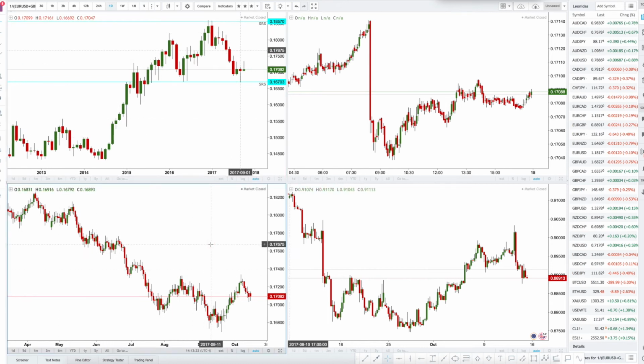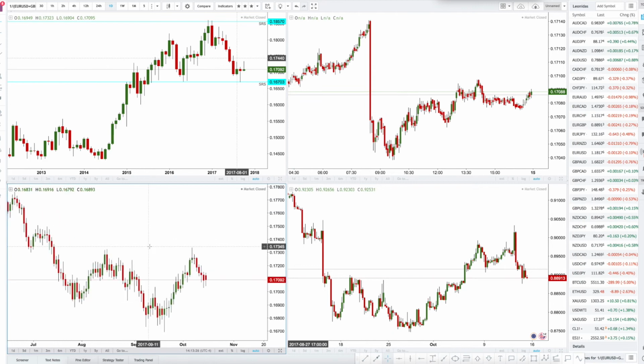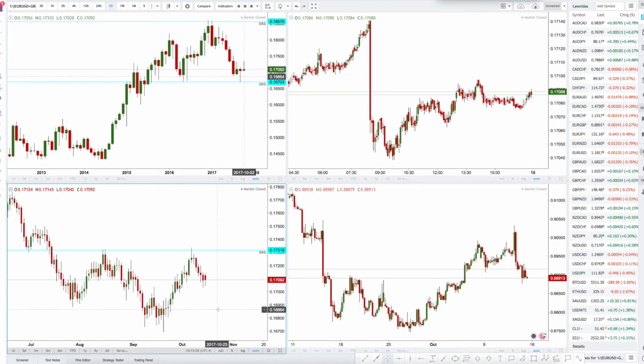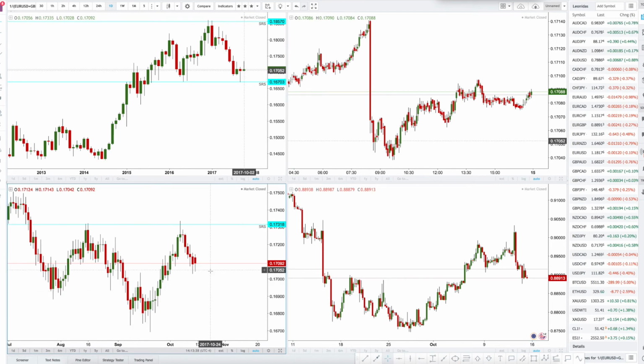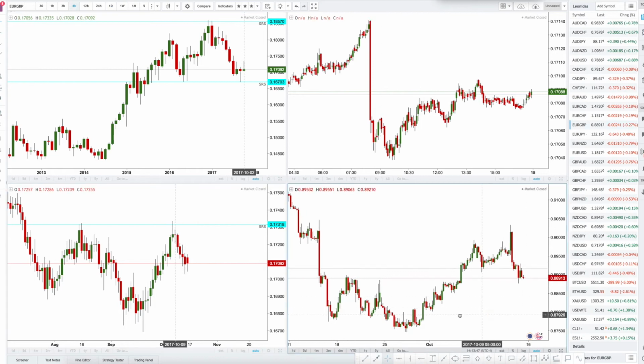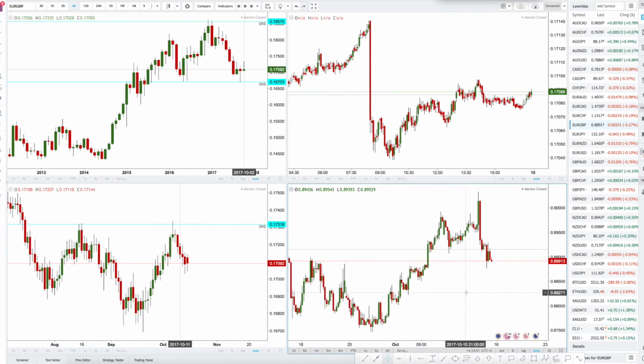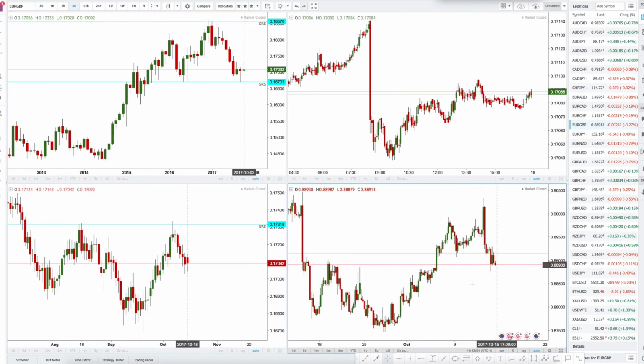All right, and then we look at the daily, and we see that we are rejecting this resistance here, right? And we found support here from this resistance, and on the 4 hour we have this deep pullback.